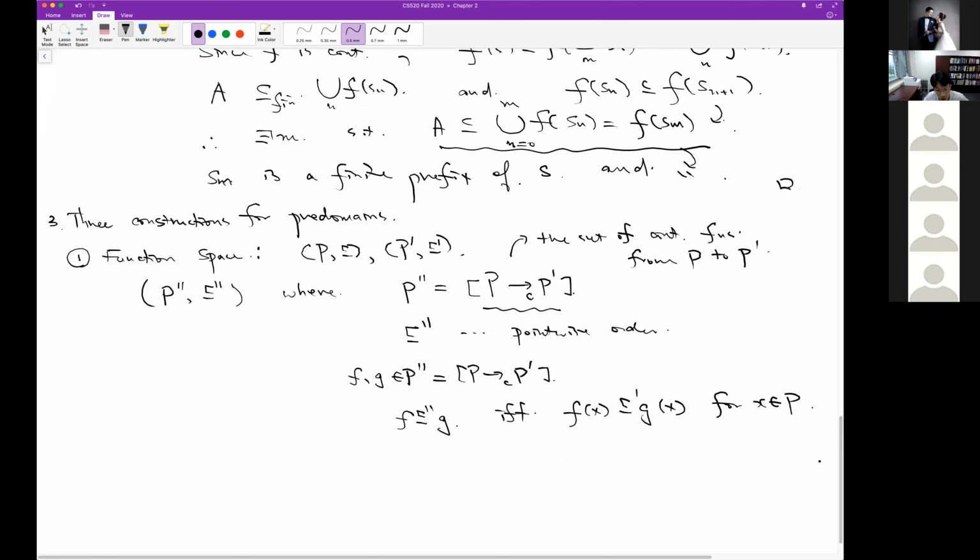So it's defined by applying the functions to every input. This is typically called a pointwise definition.